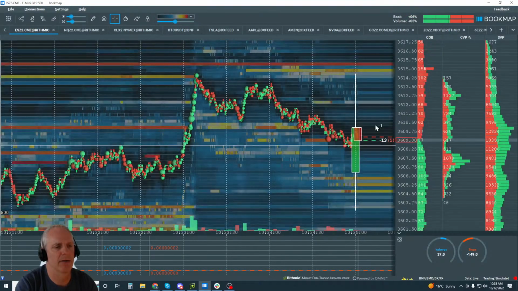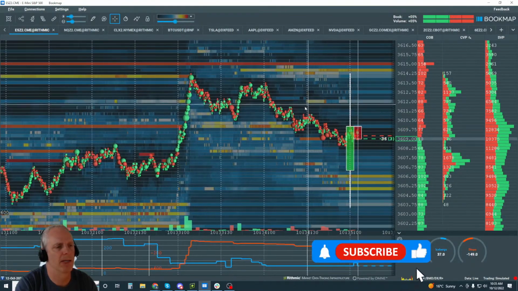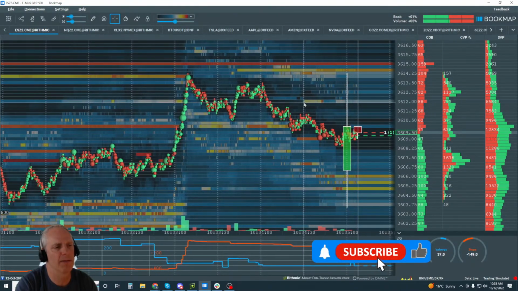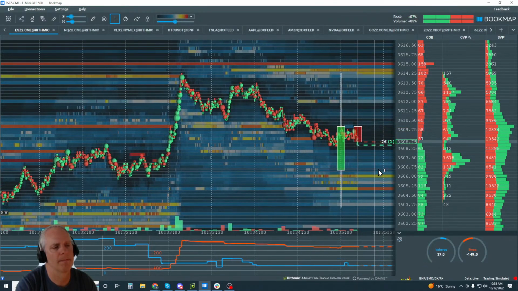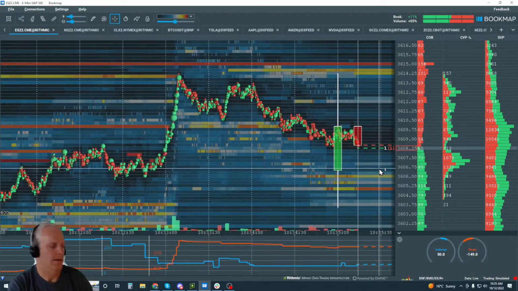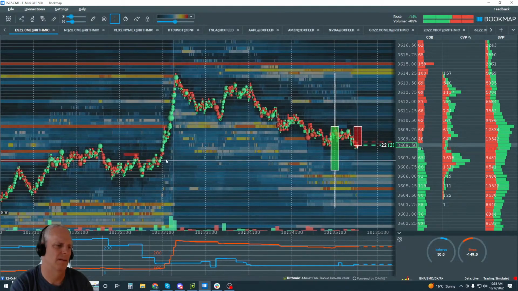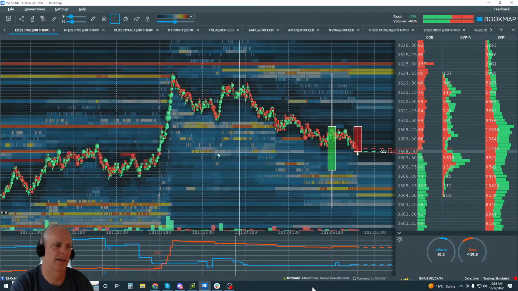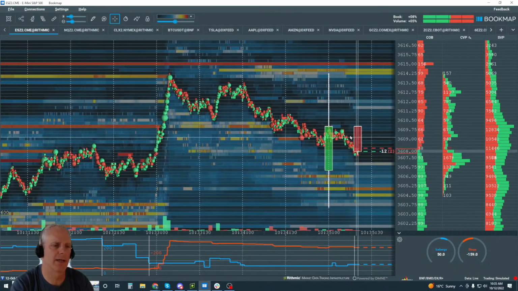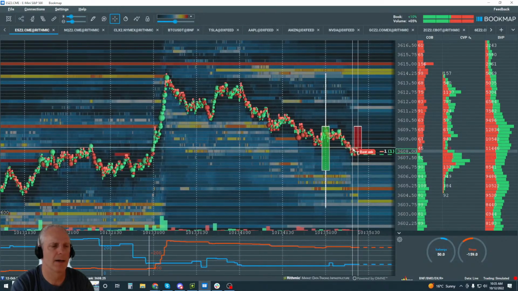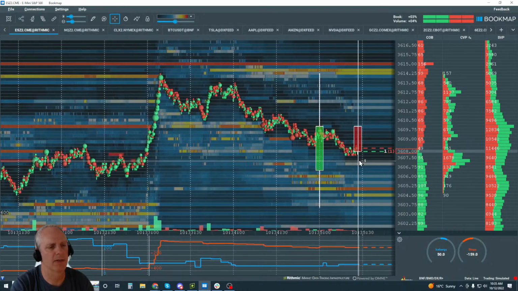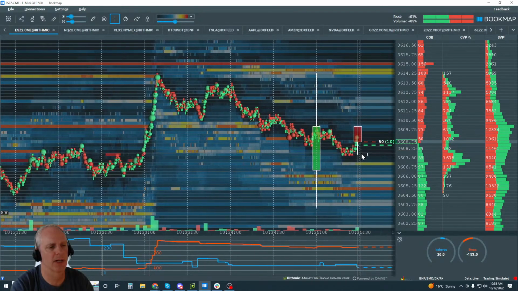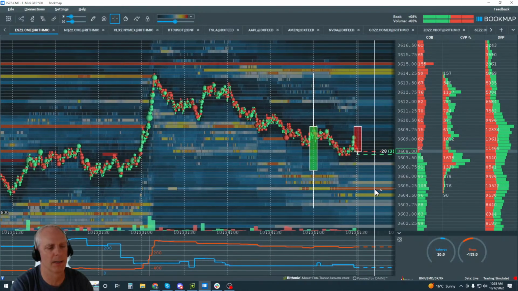Let's see if we get our buyers back in here, and then we can get a move right back up into 12 maybe. Okay, again, I don't like it. Just don't like the move here. The reason being is this order book is rather fickle, and sellers can come in and just upend it immediately.